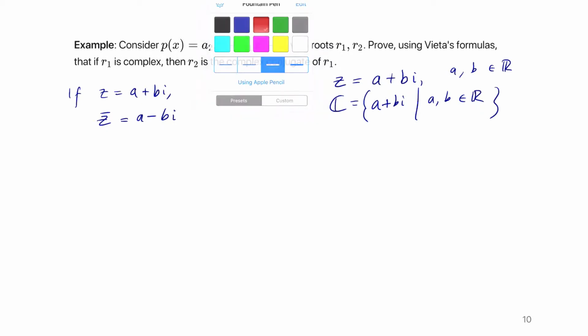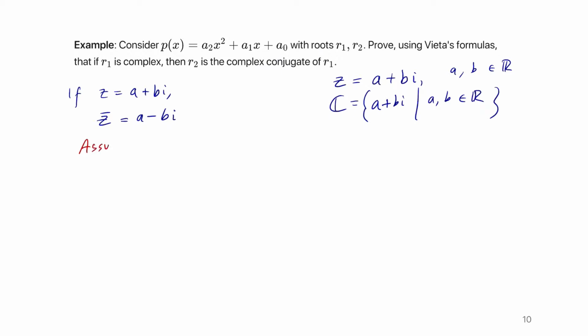So what I mean by that is, assume r1 is a plus bi and r2 is c plus di, and show a and c have to be equal and b has to be the negative of d. And if you do that, you show that r2 is the complex conjugate of r1. Okay, I'll give you a couple minutes to try and figure this one out.